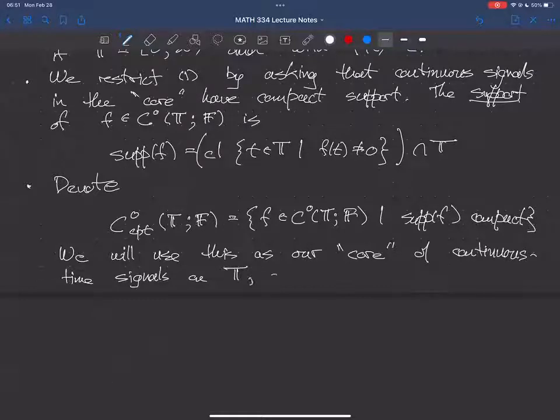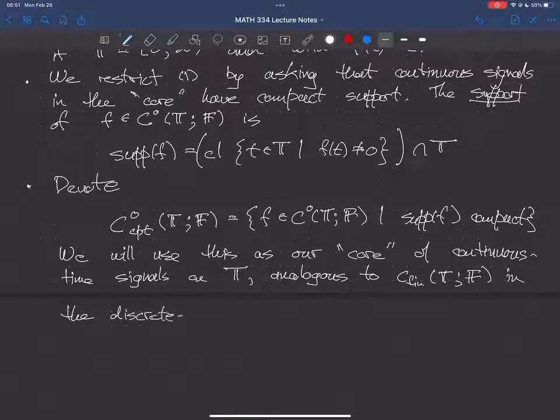And this should be thought of as being analogous to C finite in the discrete time case. So there, we've made a decision.